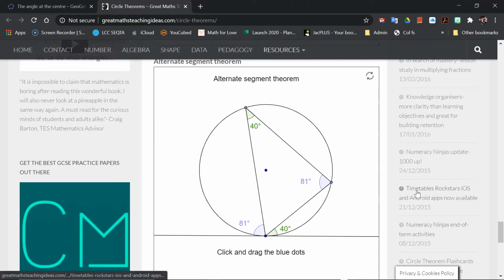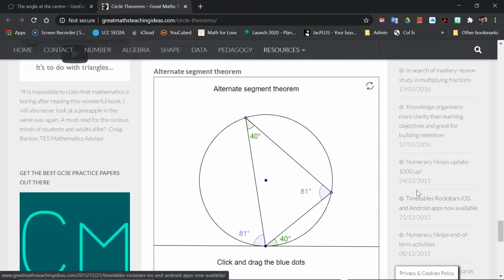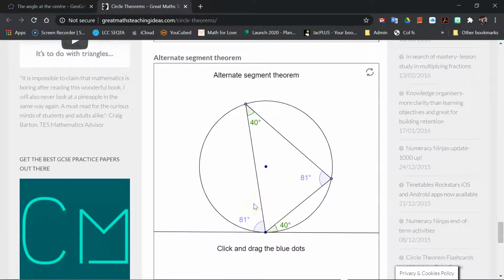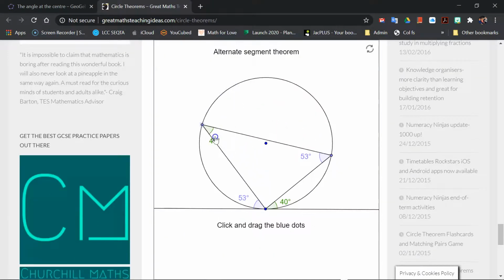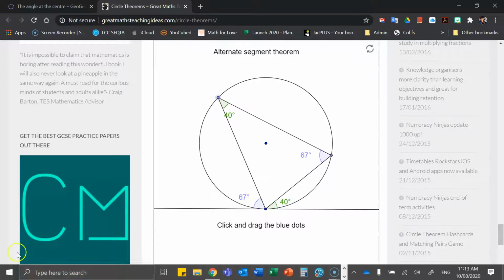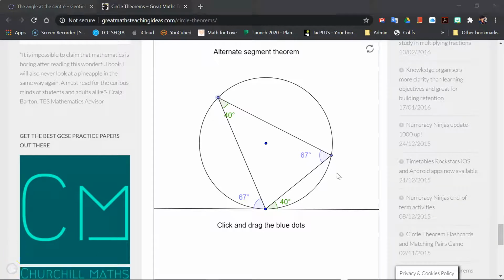Okay, next one here, we have alternate segment theorems. This is where we look at some angles here. We've got a triangle in the middle that's composed by 3 chords. And what we can see is the alternate segments, remember, a segment is part of a circle that's been, I guess, segmented.